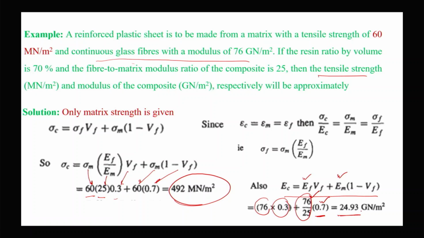So we get 24.93 giganewton per square meter. This is the composite's modulus. These are the two answers.